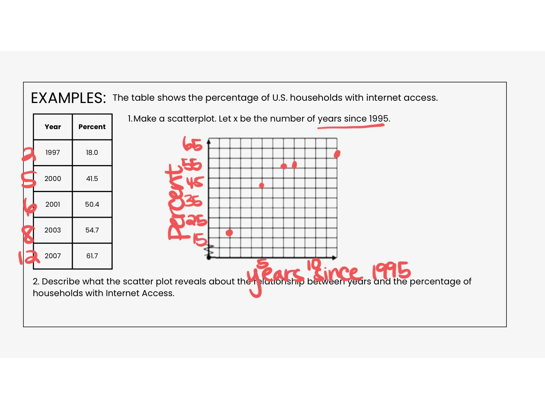Step 2 says, describe what the scatter plot reveals about relationships between years and the percentage of households with internet access. So this is showing a positive correlation.